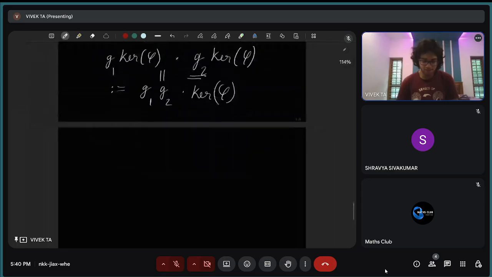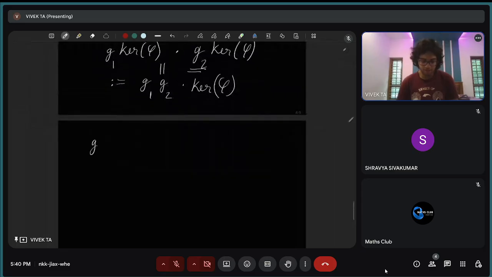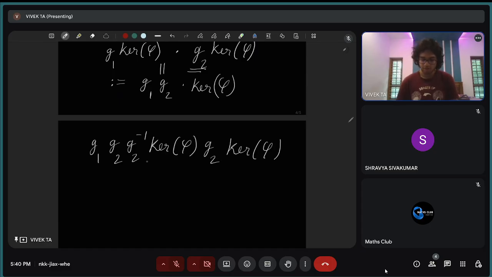So how this is well defined is because if I put g1 here and I take g2, g2 inverse, this part is fine because it's just e. And this is just kernel phi. Then you have g2 here, and then you have kernel phi here.